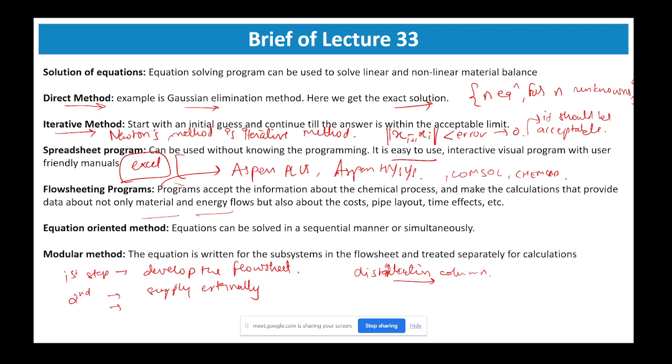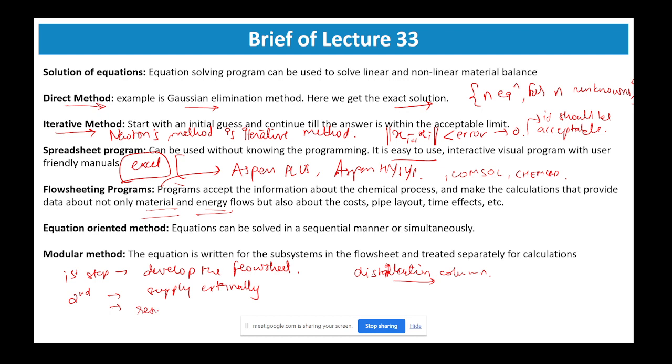So it automatically develops the equations, solves the material and energy balance equations and gives you the final solution, but it also gives you cost estimation and various parameters and how they affect.